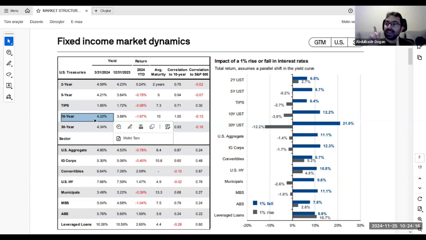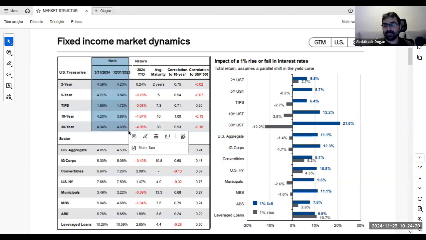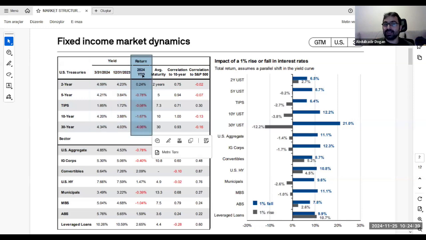Okay, inflation expectation will directly reflect on the yield curve of the United States Treasury bill or the government bond. And now, as you see, these are the yields, but these are the dreaming yields, right? These are not realized. But what is happening year to date, as you see here, the 2024 year-to-date return in the 2-year treasury is positive.